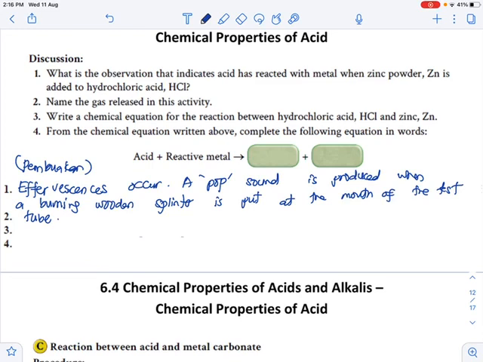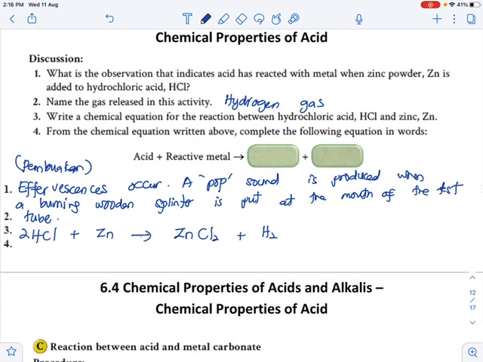Okay, name the gas released in this activity. Hydrogen gas. Write a chemical equation for the reaction between hydrochloric acid and zinc. HCl reacts with zinc to form zinc chloride plus hydrogen gas, 2HCl.